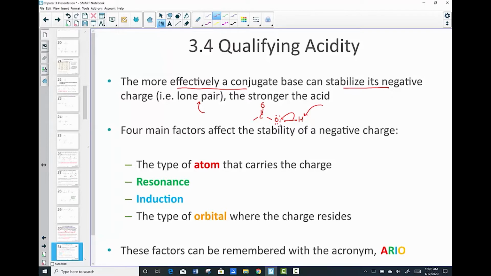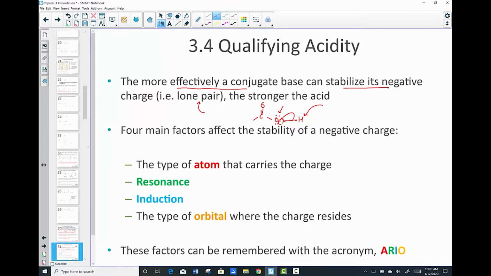That lone pair creates a negative formal charge on the oxygen. How good of a job does that oxygen do at stabilizing the negative charge? So the more stable that lone pair of electrons becomes on the conjugate base, the stronger the original acid was.